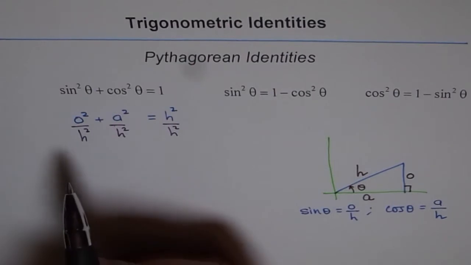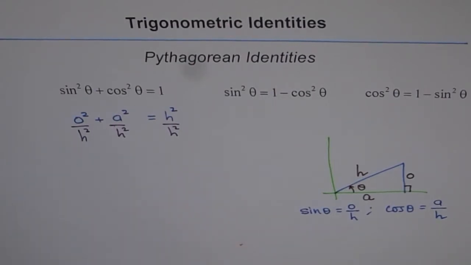What are identities? Identities are equations which are true for all values. Equations may be true for only a few values, but the identities which we are proving are true for all values in their domain.